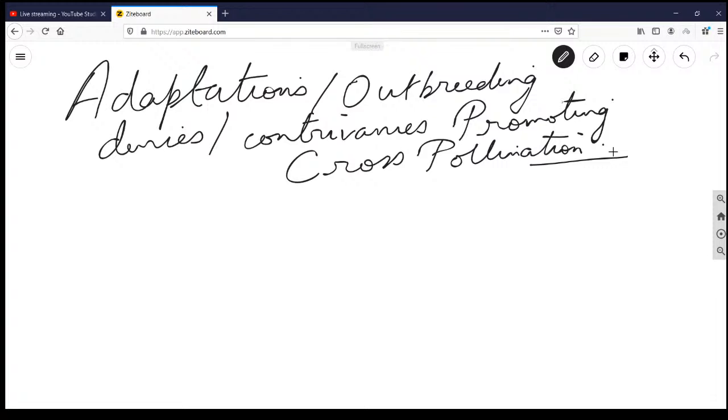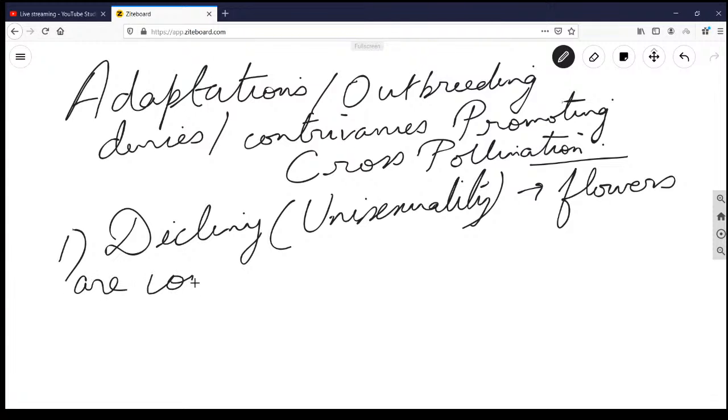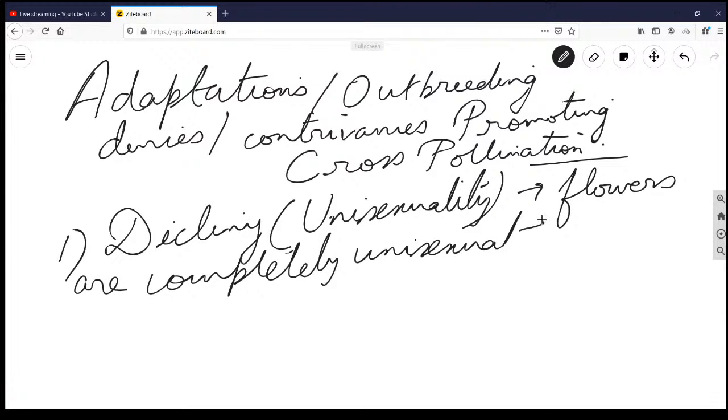Now, number one is diclinY. Dicliny means unisexuality, meaning the flowers are completely unisexual, they have only one sex, like papaya and mulberry.